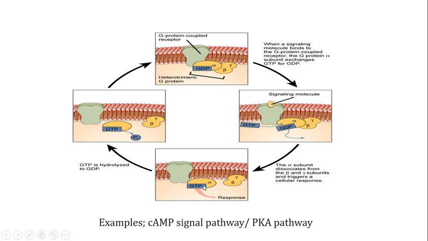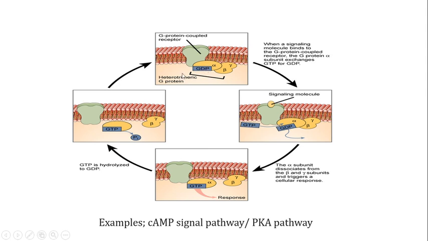The GTP on the alpha subunit is hydrolyzed again to GDP, and when that is hydrolyzed into GDP, the alpha subunit will again bind the GDP, and the beta and the gamma subunit will again bind to the alpha subunit, which has a GDP molecule, thereby stopping the signaling pathway.